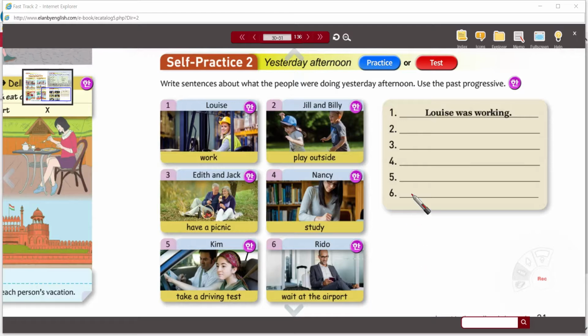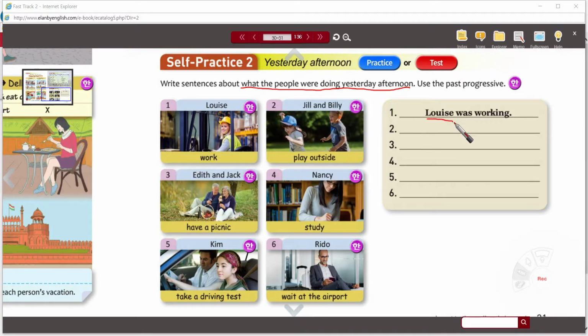Okay, so number 2, talk about Jill and Billy, or Billy and Jill. What were they doing yesterday? So what were they doing yesterday afternoon? Jill and Billy were playing outside.